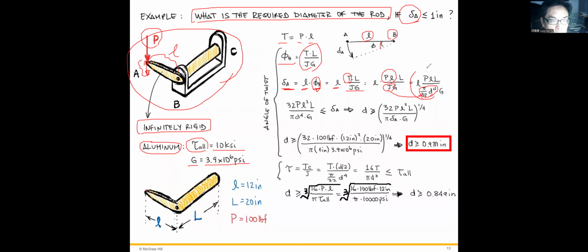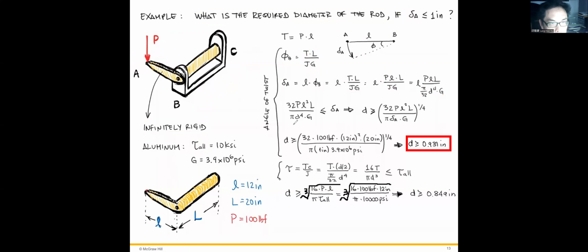This term represents delta A, and it has to be smaller than the allowed delta A. We rearrange this equation to figure out that the diameter of the solid rod has to be greater than this term.